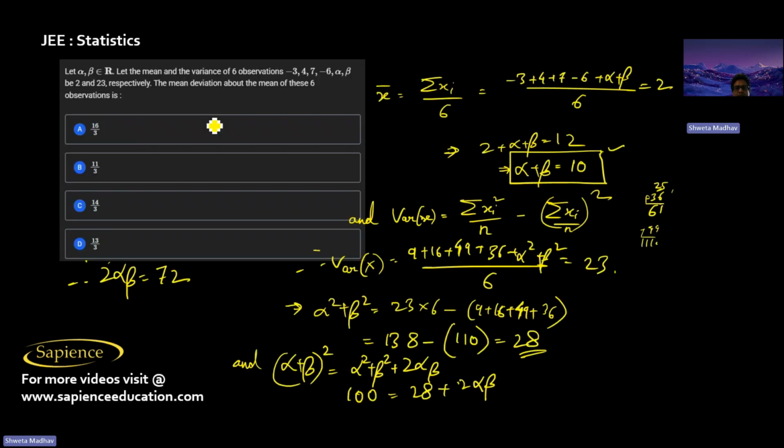Now therefore alpha minus beta whole square is equal to alpha plus beta whole square, or this will be alpha square plus beta square minus 2 alpha beta.